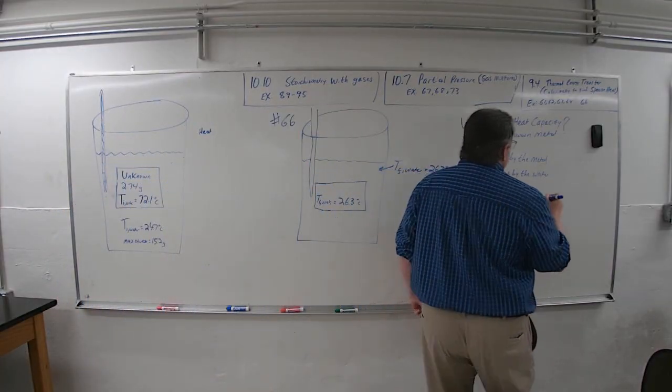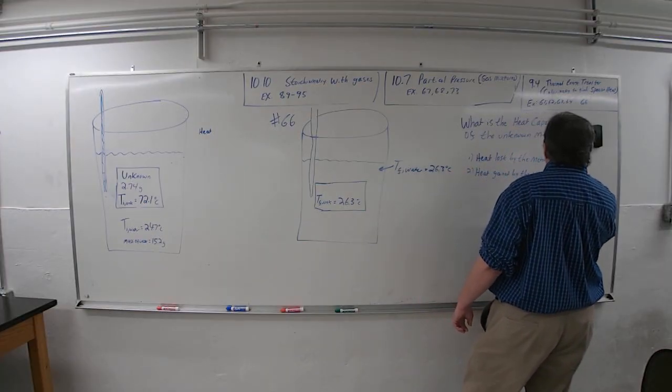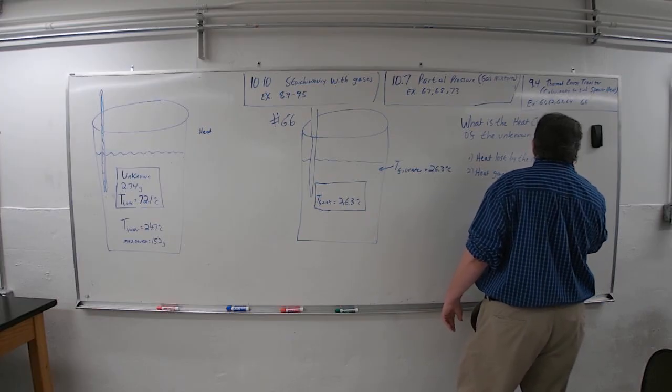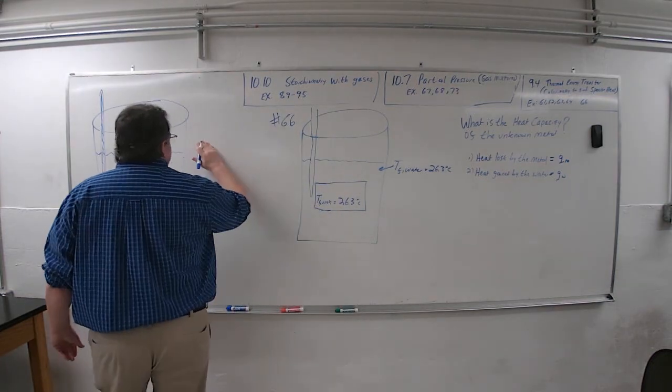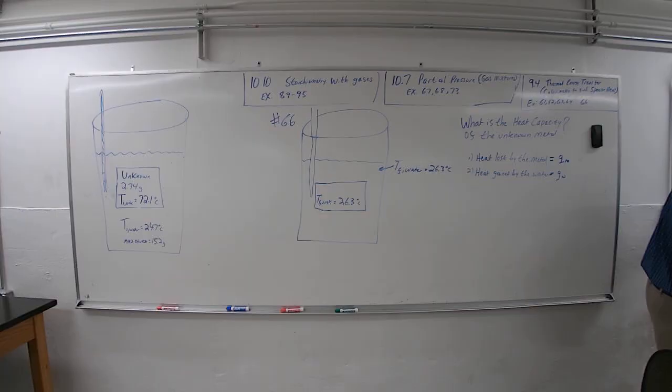Let's do, I'm just going to call this Q. Q metal, I'll say QM, and this will be Q of the water. This is something we've done before, we just haven't used it this way. Real quick, look at the table with heat capacities.